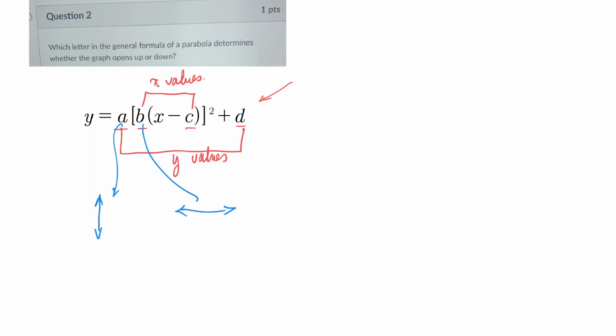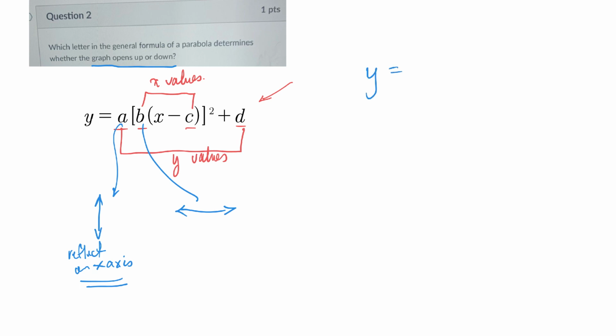Another thing that A and B also do is that they reflect things on the X or the Y axis. And A reflects things on the X axis. So reflect on X axis. And that's the thing that will turn a graph up or down.